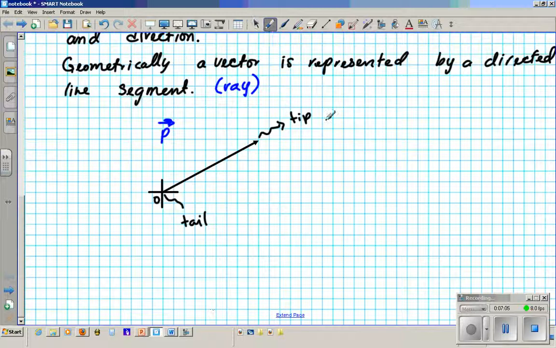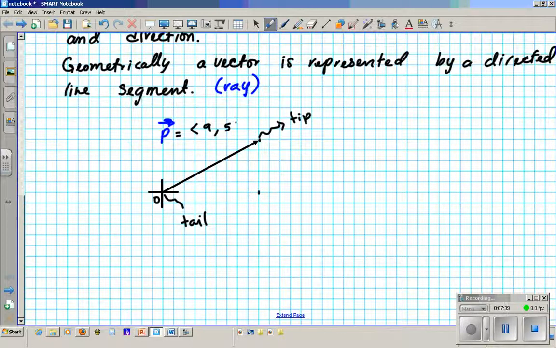Okay, so tail, don't forget, tail is where you start from, the starting point, and the tip is the terminal point. All right, so if this is 0, 0, can I represent this vector using coordinates? Definitely I can. You have an x component and you have a y component. To find the x component, I just count 1, 2, 3, 4, 5, 6, 7, 8, 9. So I went 9 units to the right, so I put a 9 for the x component, and then for the y component, I just go 1, 2, 3, 4, 5.